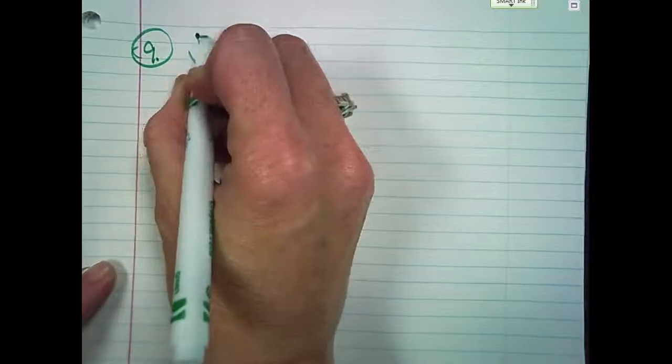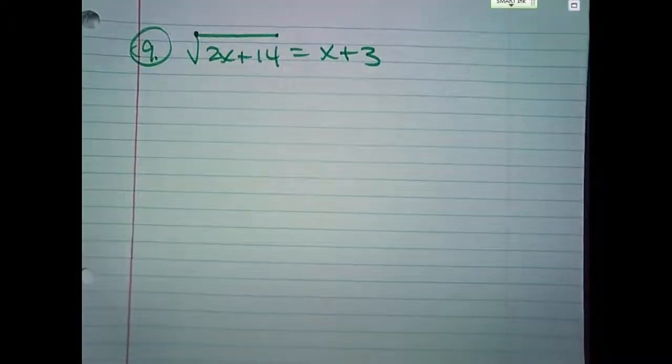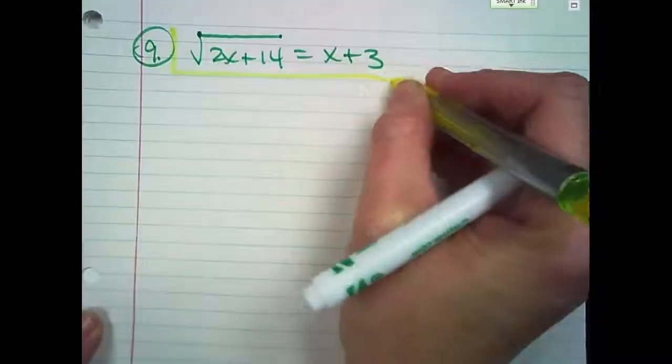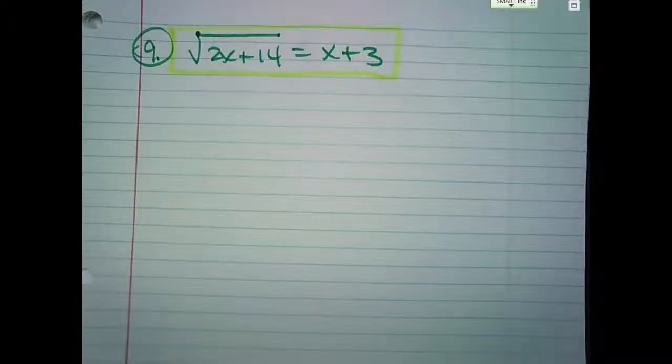So we're going to work one more. The square root of 2x plus 14 equals x plus 3. Square both sides.